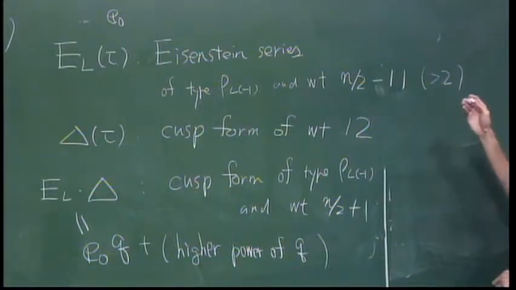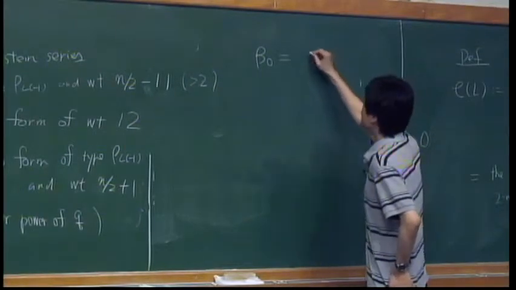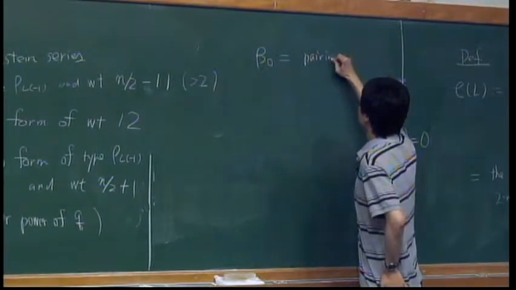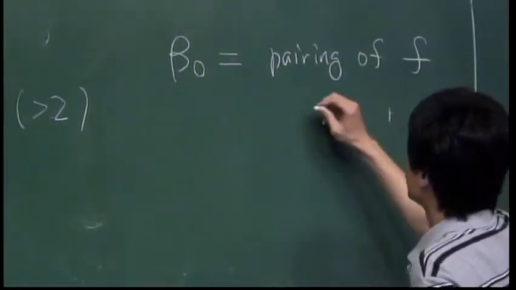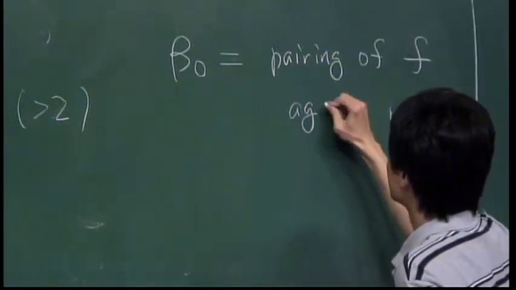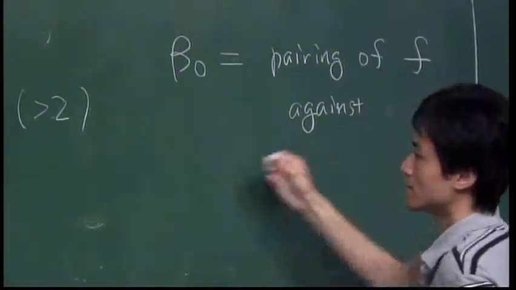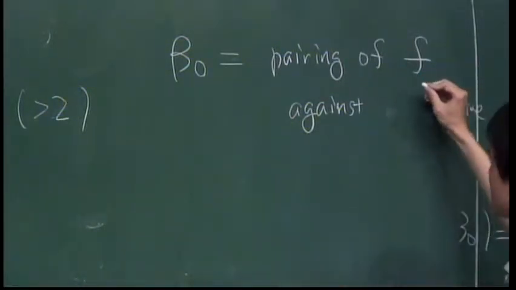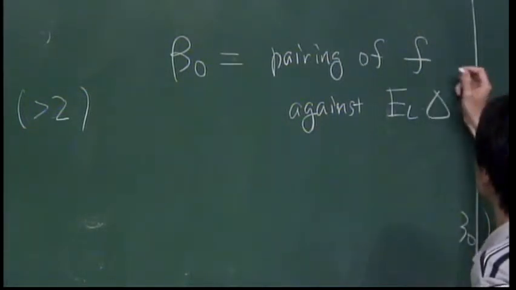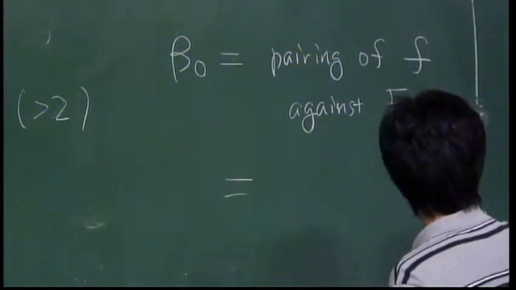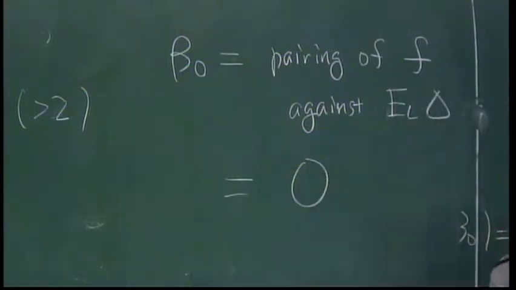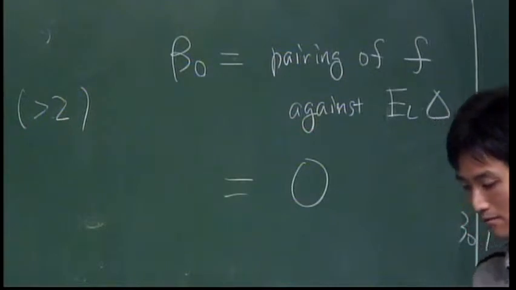So now if we have a two reflective form F, then its coefficient beta 0 is the pairing of F against this obstruction cusp form. And by this description, this should be 0. So two reflective forms, if they exist, must be exceptional.